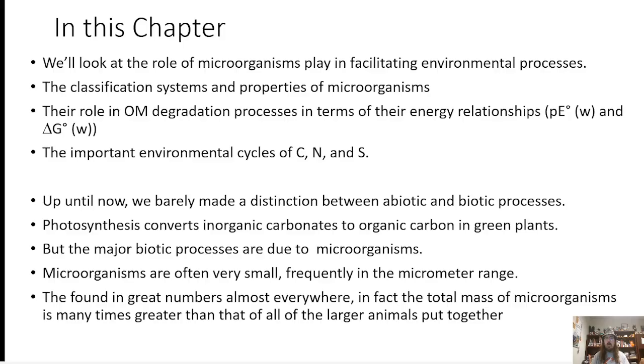Okay, so the major biotic processes that we'll deal with are due to microorganisms. Much like our aerosols and our colloids, these guys can range in size, but they're often very small, frequently in the micrometer range, thus the term microorganism. But these guys are found in great number almost everywhere.